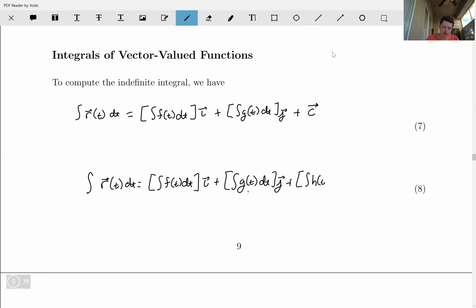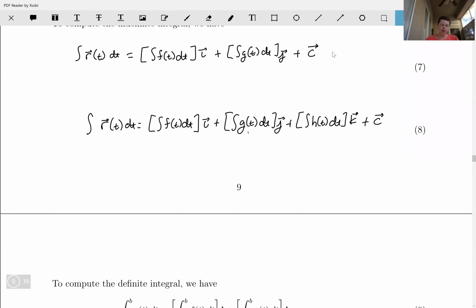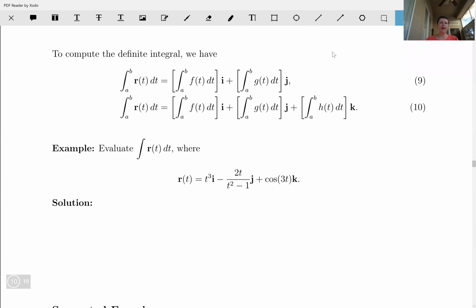And again, add in our vector valued arbitrary constant. To compute the definite integral, we basically do the same thing, right? Like literally carbon copy, except we don't need the arbitrary constant, but we do need the limits.